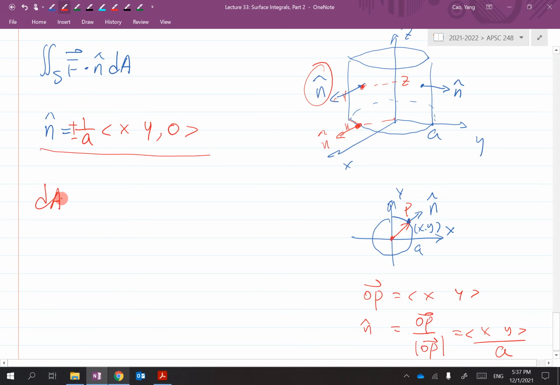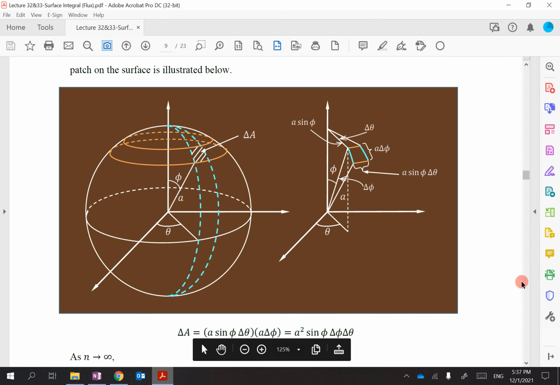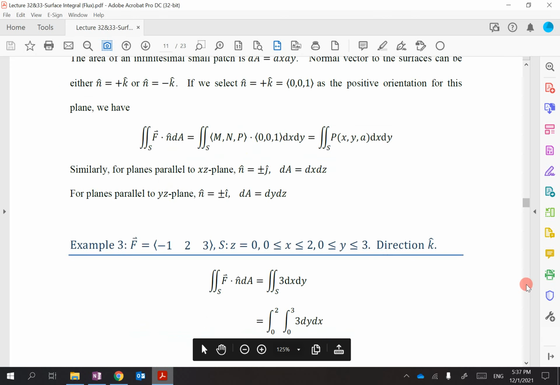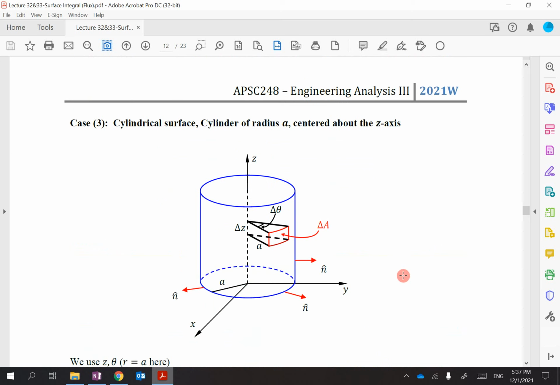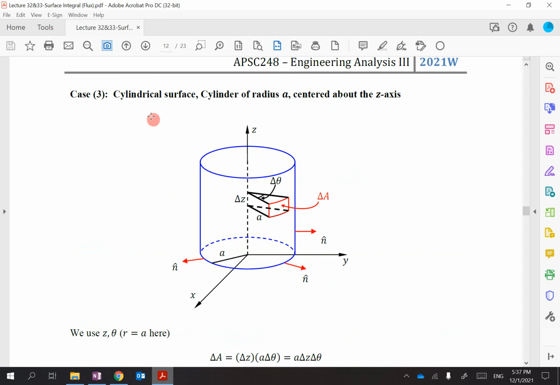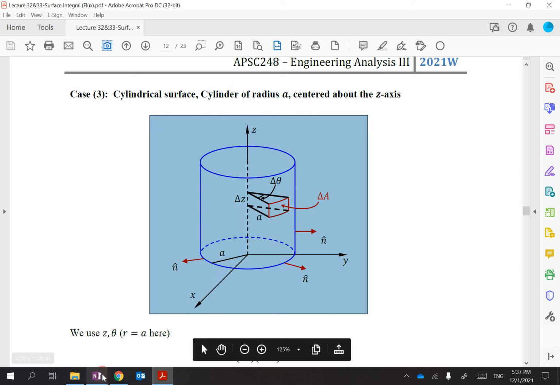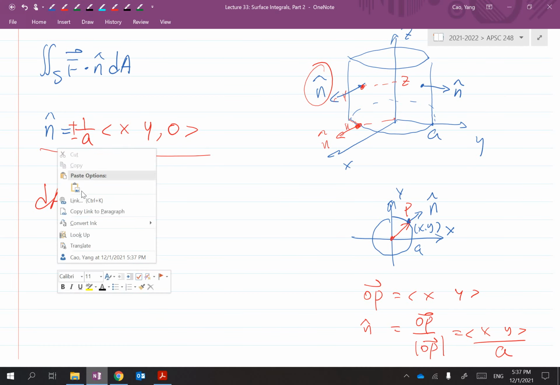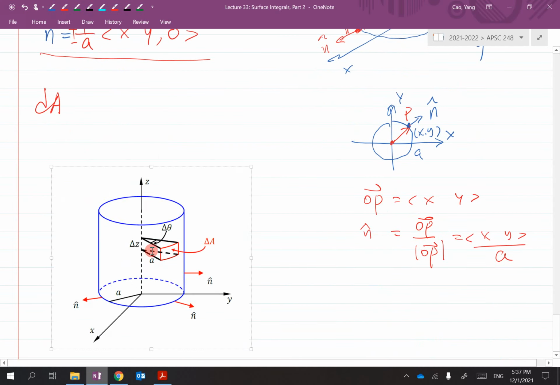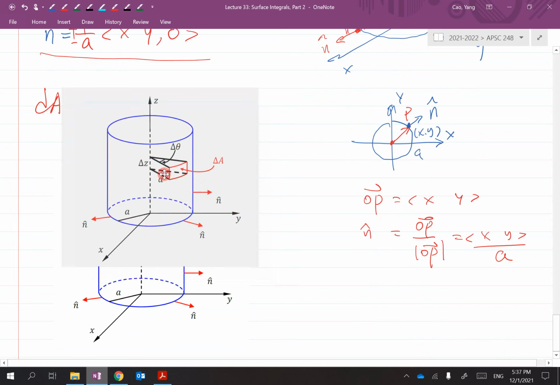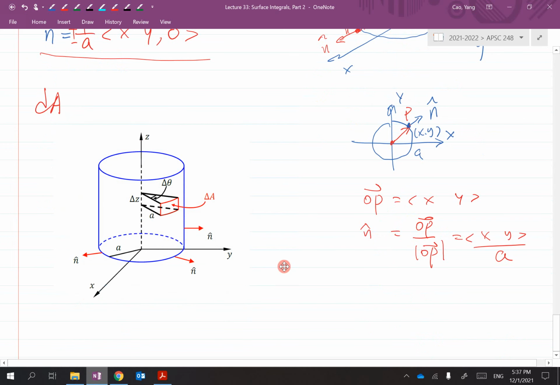For dA, referring to a small patch on the cylindrical surface, I'm going to borrow one of my pictures from the lecture notes. This is how we can create a small patch on the cylindrical surface.